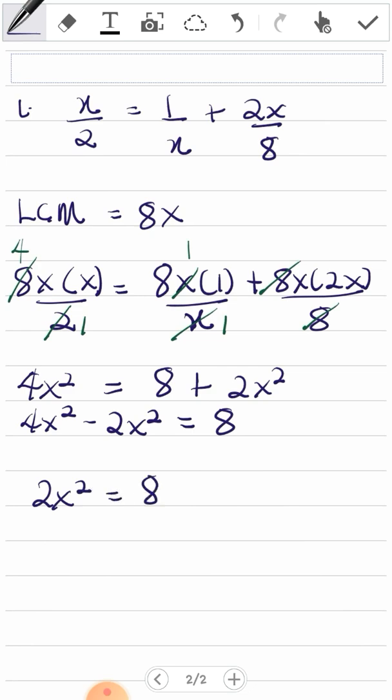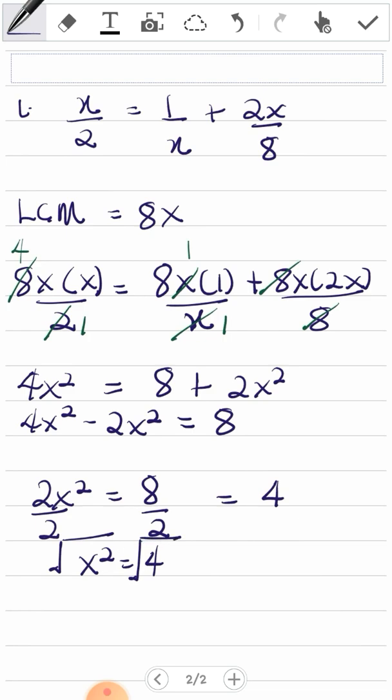Here we want to find x. So what do we do? The coefficient of x squared, we remove it by dividing through by 2. So you're going to get 4. So that means our x squared is equal to 4. Anytime you see a squared, when you're removing it, you have to take the square root.